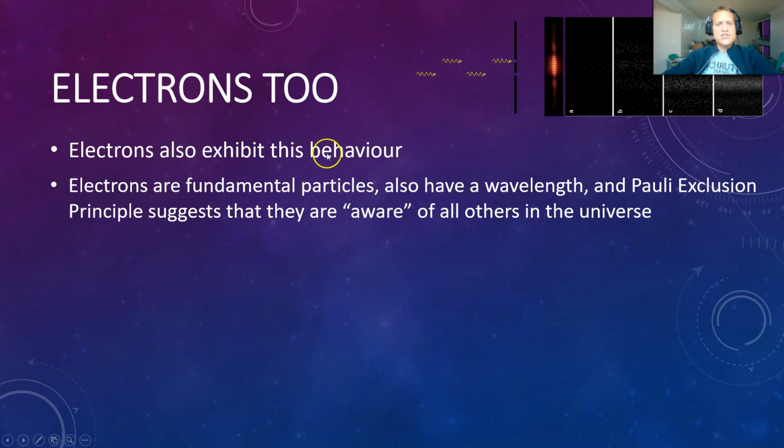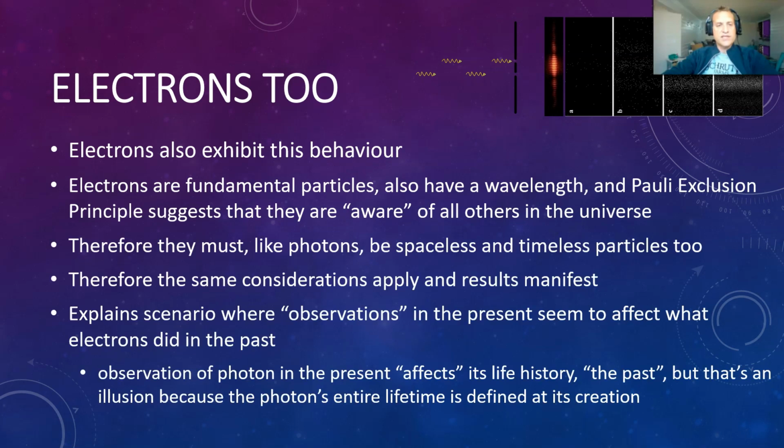So an electron seems to share in the behavior of a fundamental particle, similar to a photon, and for this Pauli exclusion principle to apply, it has to apply instantaneously, universally across all space and time. So it implies that any single photon or any single electron is aware of all others in order for that principle to continuously be applying everywhere in space.